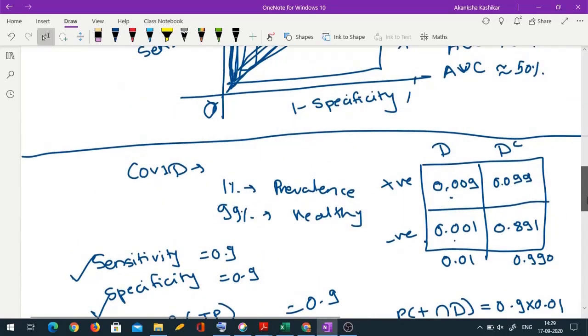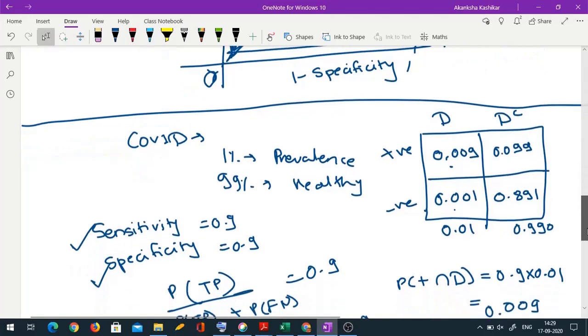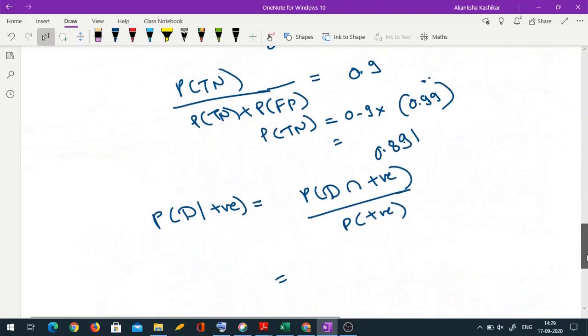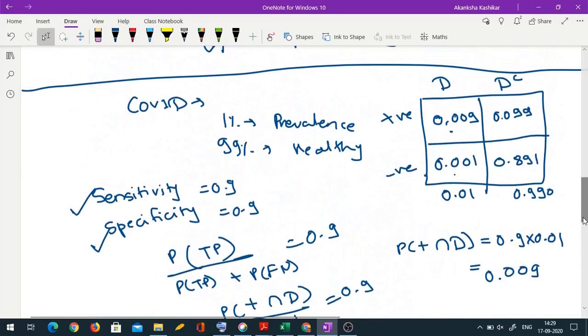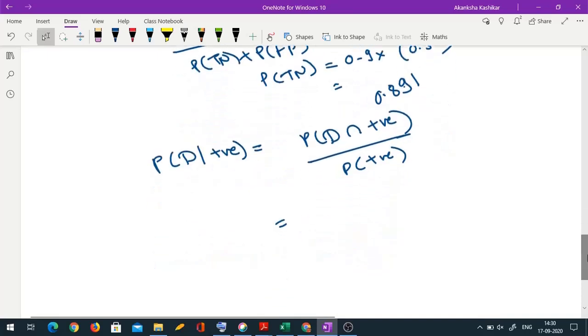We are just using conditional probability, nothing else. Probability of disease intersected with positive is 0.009, and probability of just positive is the addition of these two numbers, which would be 0.108.